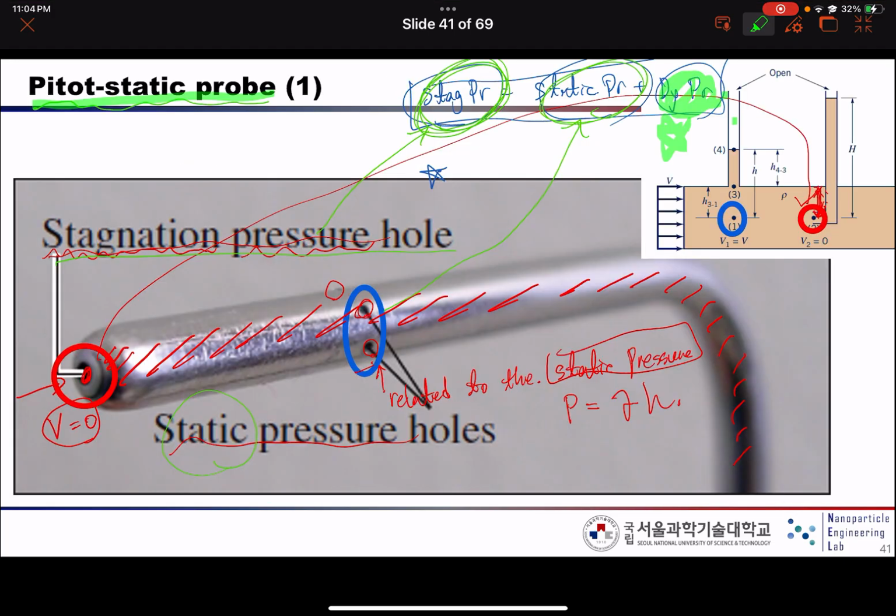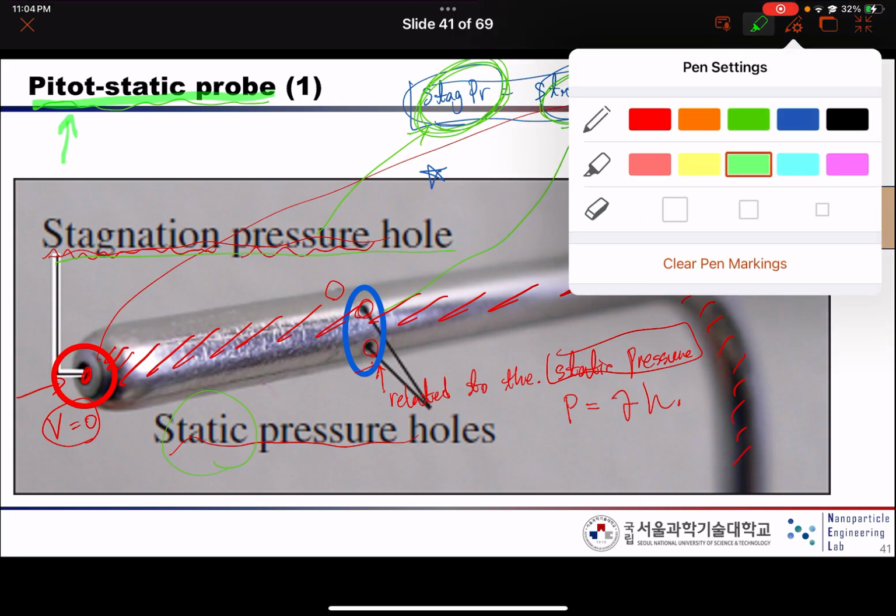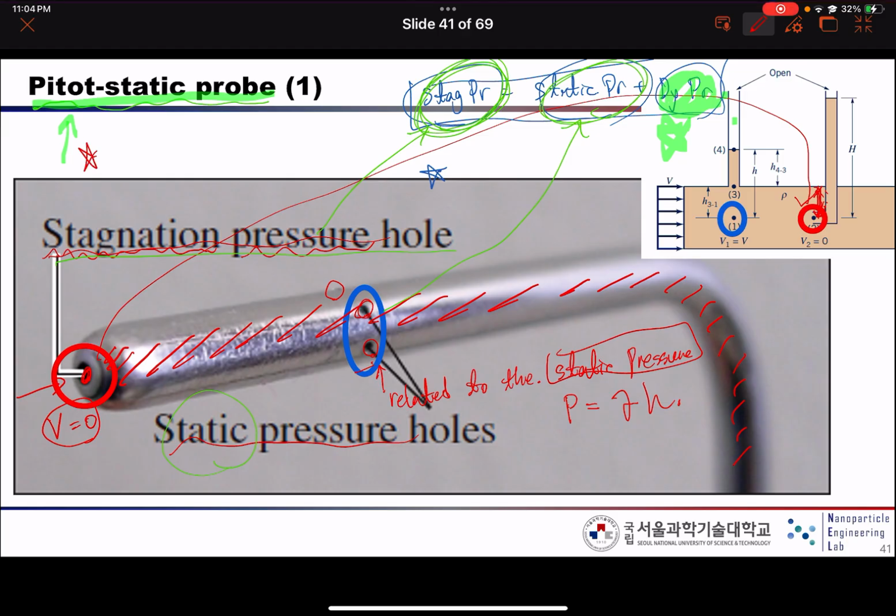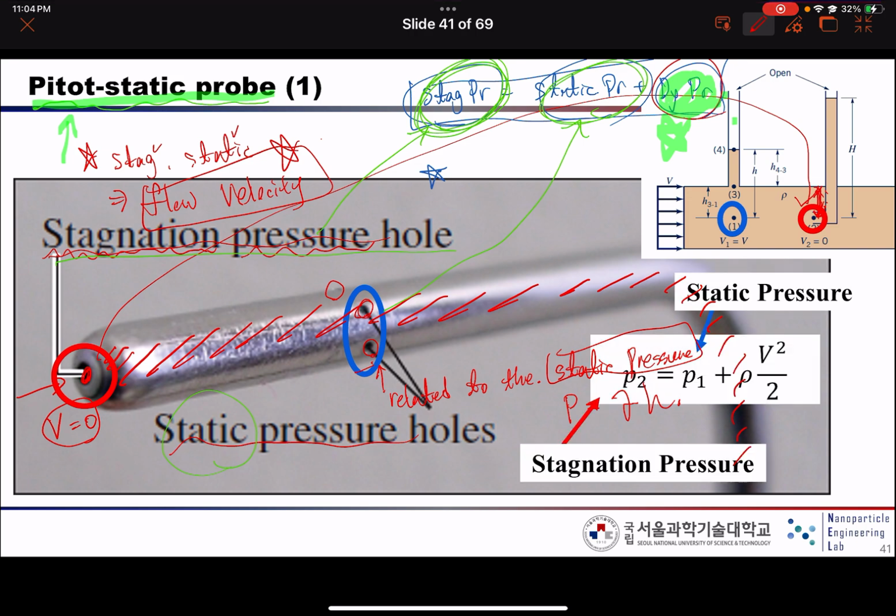So basically, by using the pitot-static probe, you can not only measure the stagnation and the static pressure, but based on these two pieces of information, you can get the flow velocity, because you can determine the dynamic pressure.